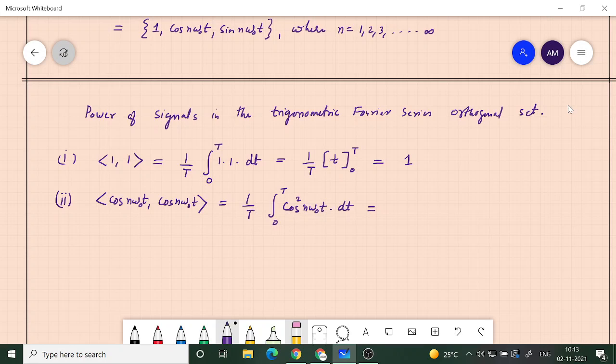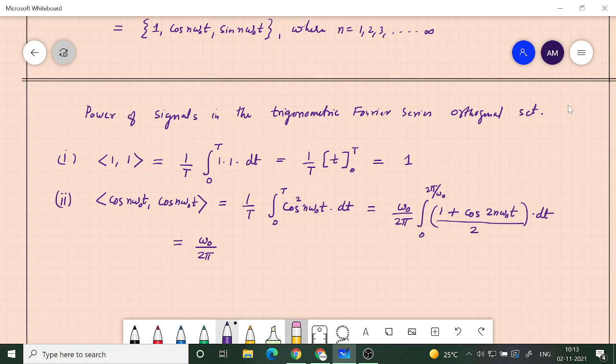So this is omega 0 by 2 pi, and the integral is from 0 to 2 pi by omega naught. What is the trigonometric identity connecting cos square n omega 0 t? It is (1 plus cos 2n omega 0 t) by 2, right? Yes, sir. So dt.